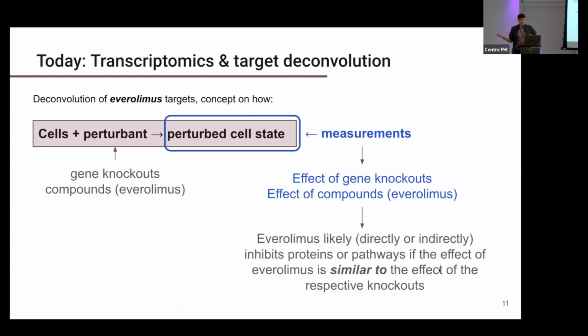And we're going to look for things that have a similar result. The basic idea here is you knock out the gene or you block the gene with a small molecule, and we expect it to have potentially the same effect. Of course, there's lots of possibility for indirect interactions and other ways that false positives can come up here.